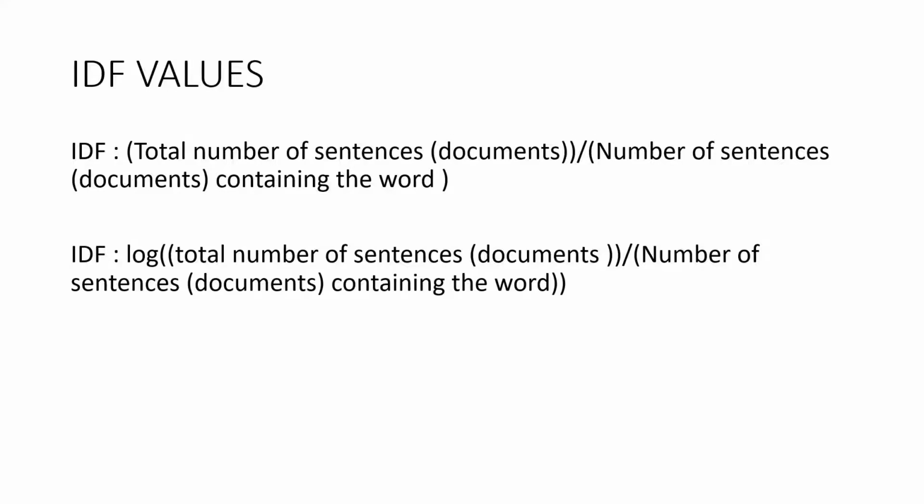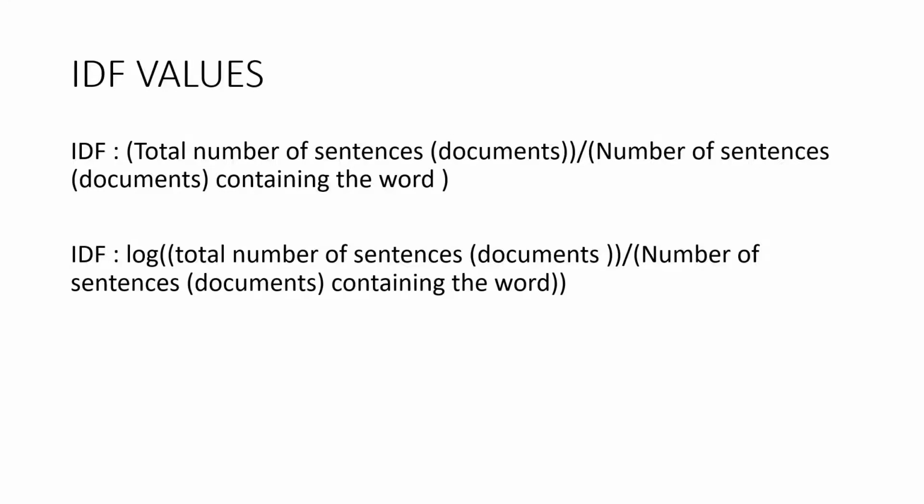On the other hand, TF values of a word differ from document to document. Let us find the inverse document frequency of the word play. Since we have three documents and the word play occurs in all three of them, the IDF value of the word play is 3 by 3 equal to 1.